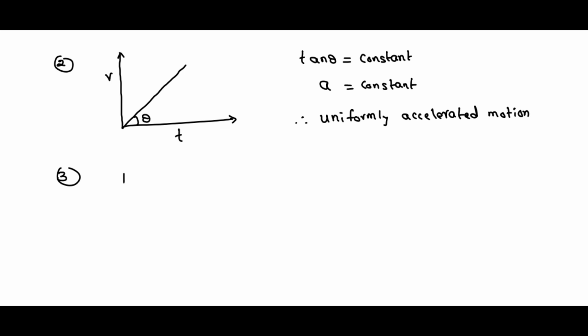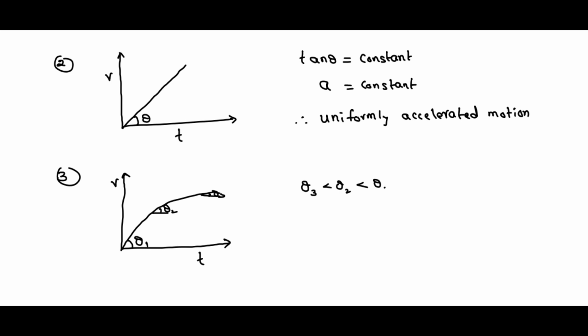And if the velocity time graph is like this, here it is, suppose an angle theta 1, here is an angle theta 2, here is an angle theta 3. Here theta 3 is smaller than theta 2 and theta 2 is smaller than theta 1.